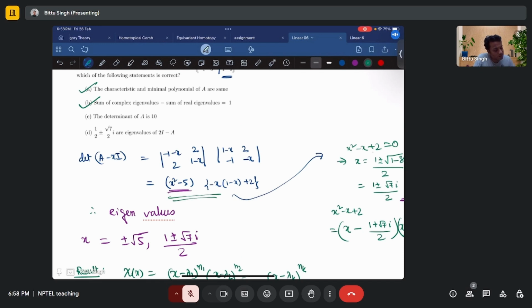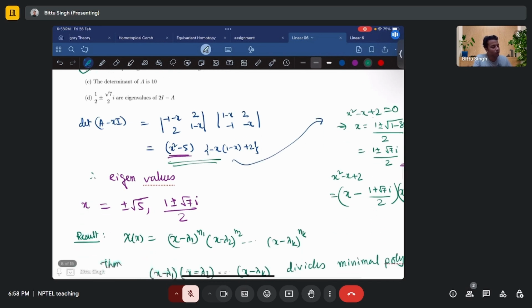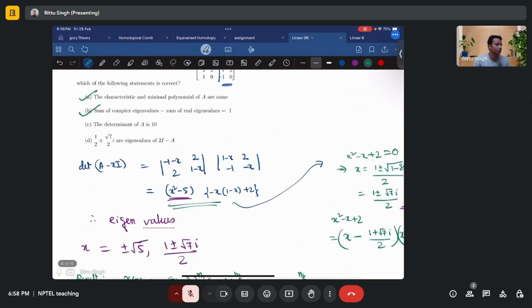Now, determinant of A is 10. Is it true? Okay, let us see what is the product of eigenvalues. Instead of finding the product from here, it is easier to just put x equal to 0.